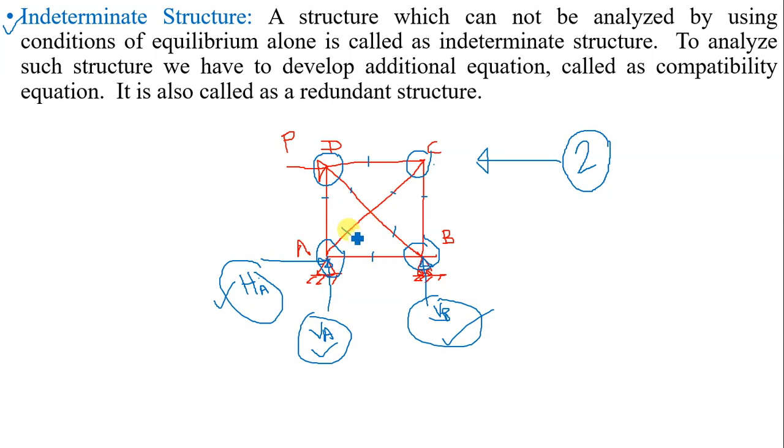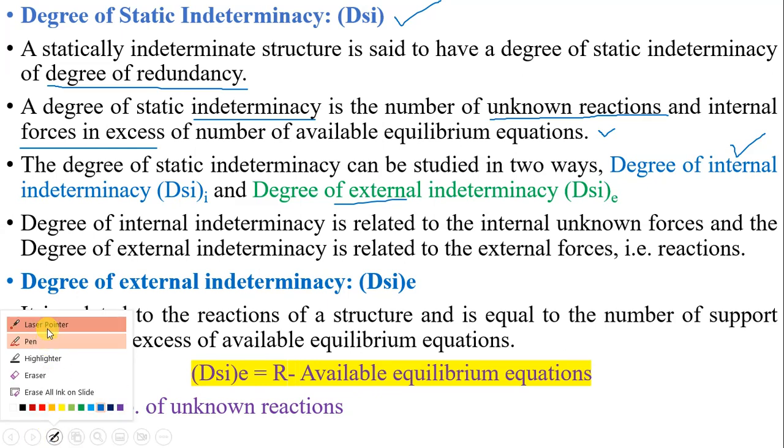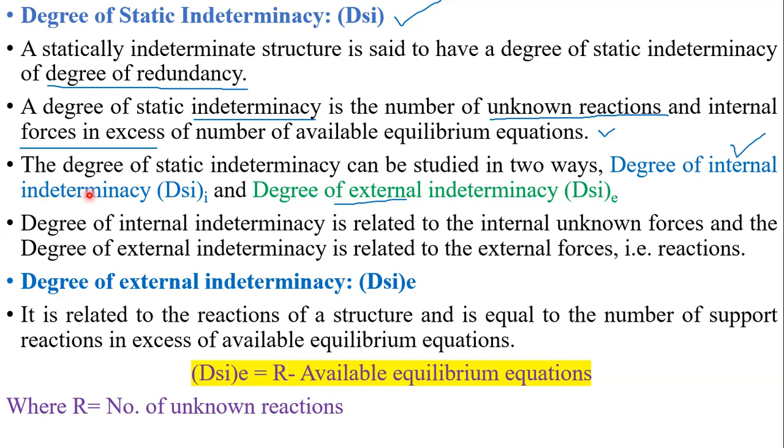But we cannot find the internal forces. So internally indeterminate, externally determinate, and hence the degree of internal indeterminacy and degree of external indeterminacy. Degree of internal indeterminacy is denoted by DSI with I as suffix, and degree of external indeterminacy with suffix E, external.